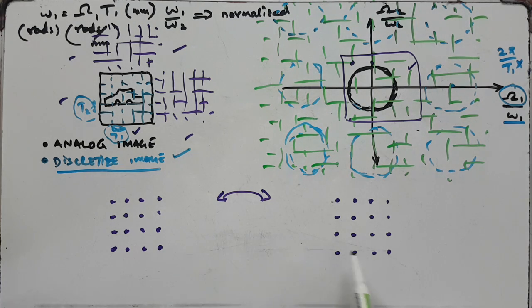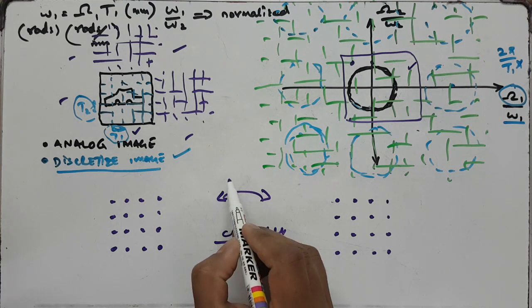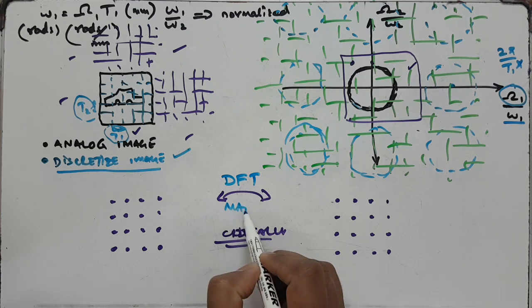And this is basically dependent on how the sampling is done. Let's say sampling is done critically. If it is, then actually this is the discrete Fourier transform mapping.